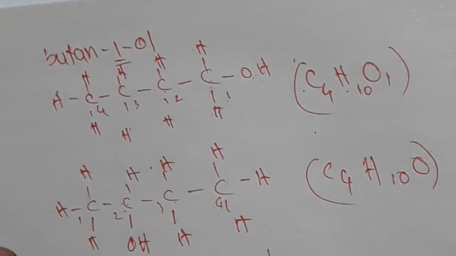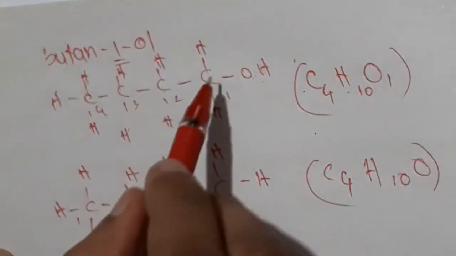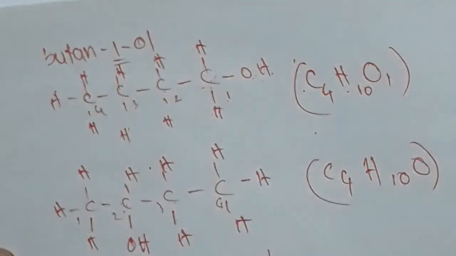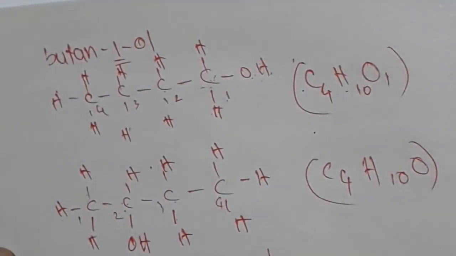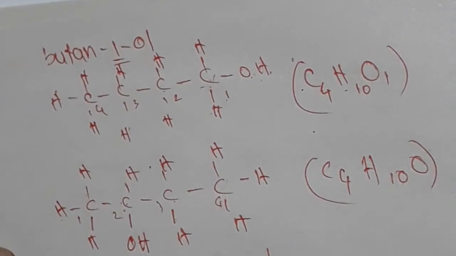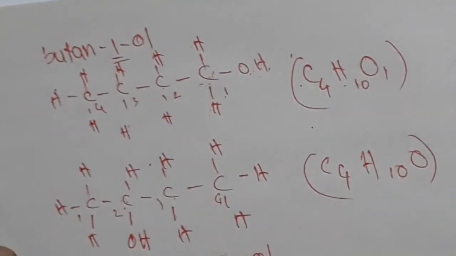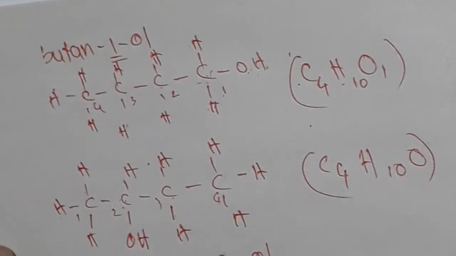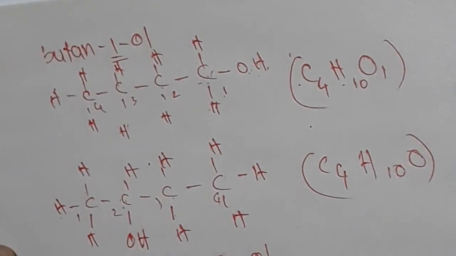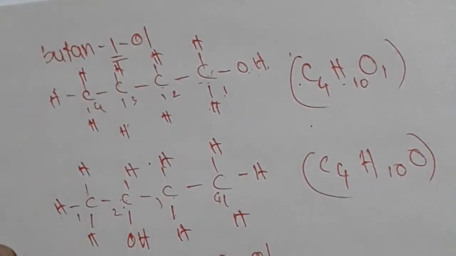So when you draw the isomer like this, see here OH here, first carbon 1, 2, 3, 4. Here 3 hydrogen. Here 2 hydrogen. Here again 2 hydrogen. Here OH, hydrogen, hydrogen.